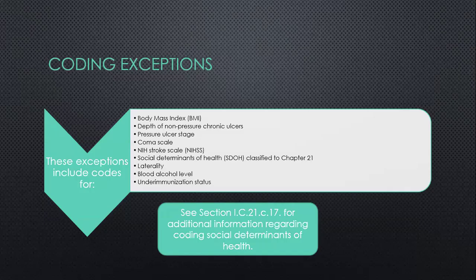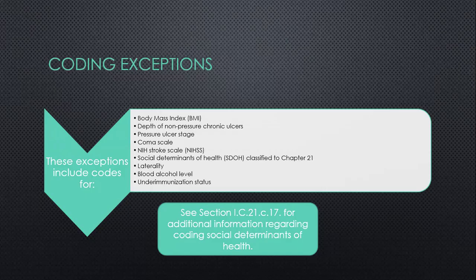To further go into the exceptions, we're not talking about final diagnosis. We're talking about just documentation within the patient record. If you want to see section I.C.21.C.17 for additional information regarding social determinants of health, there is additional information there.